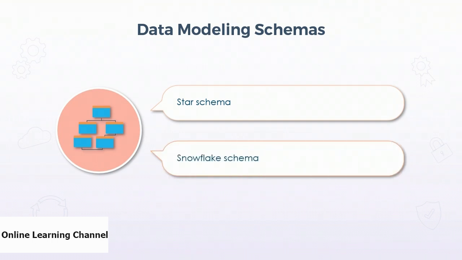And the snowflake schema is similar to the star schema in that the facts tables reference dimension tables, only those dimension tables are not flat, but instead can reference other dimension tables themselves. This allows for more efficient data storage, but leads to more complex querying. We'll look at these schema in more detail now.